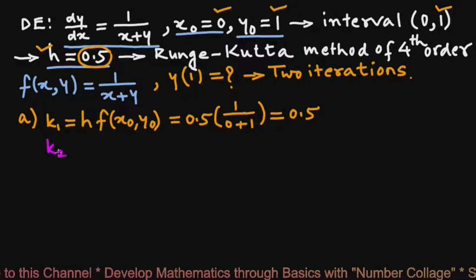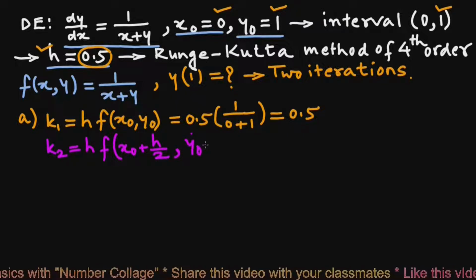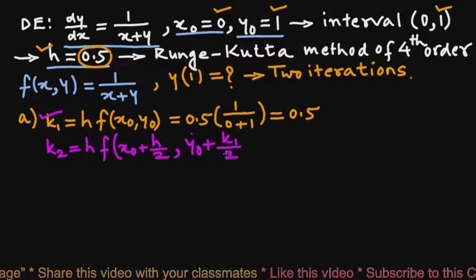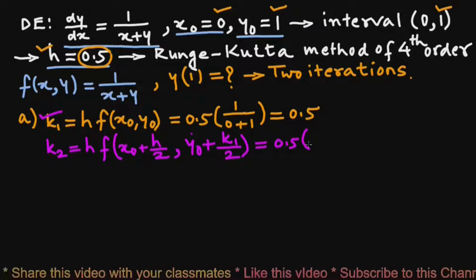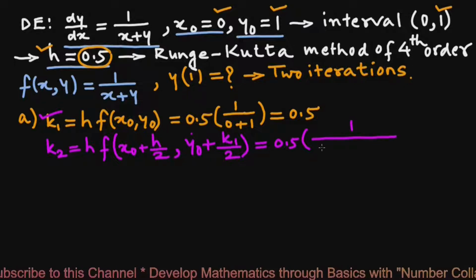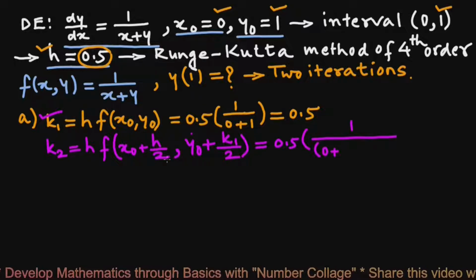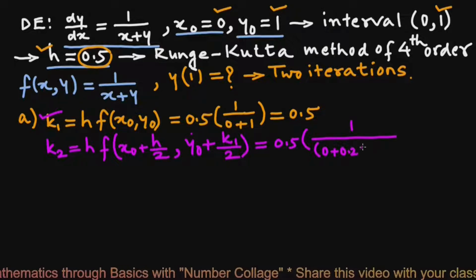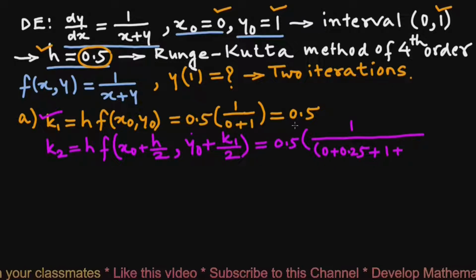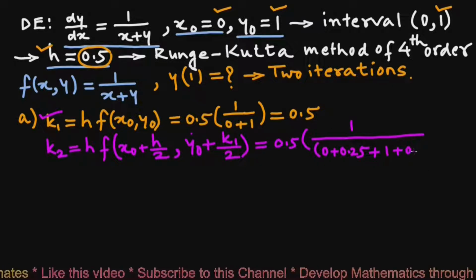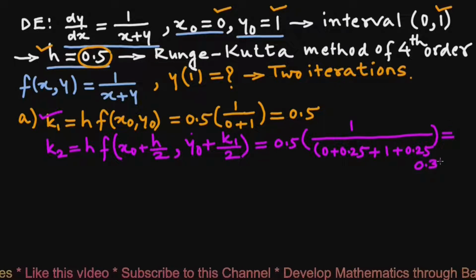Next k2 will be h times f of (x0 plus h by 2, y0 plus this k1 by 2), so that will be 0.5 for h, then multiplied by 1 upon x0 plus h upon 2, which will be 0 plus 0.5 upon 2, that will be 0.25, plus y0, which is 1, plus k1 upon 2, that is 0.5 upon 2, 0.25. So that works out to be 0.5 times 3.